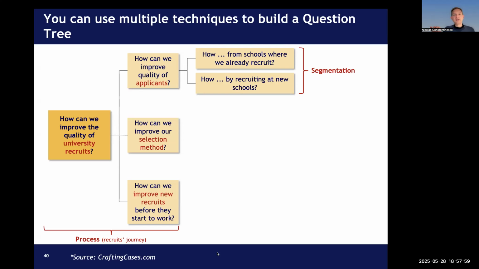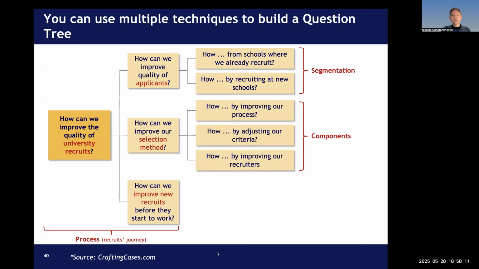There's a process, there are criteria that they are evaluated against, and there are people who do the evaluation. All these are the components of the whole selection method. So how can we improve our process? How can we improve this method by adjusting our criteria and by improving our recruiters?